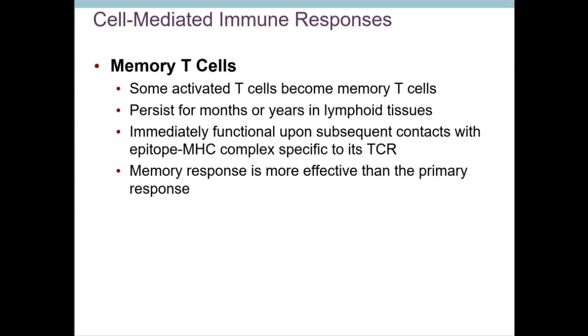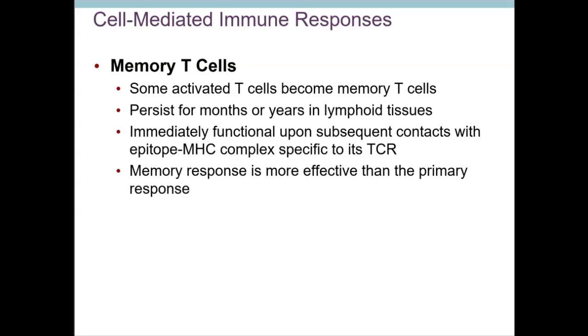And the thing with the memory cells is once you have them, that means that you can get exposed again. This is why we want immunity, right? This is why we want to be able to say, oh, are you making antibodies? Because your memory B cells recognize and are ready to respond. The memory B cells and T cells are what mean that when you get exposed a few months later, a few years later, you won't get sick.